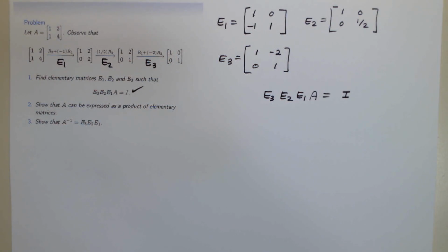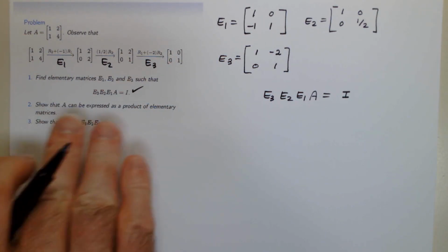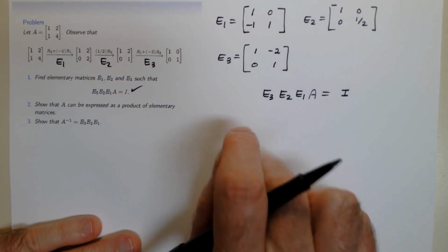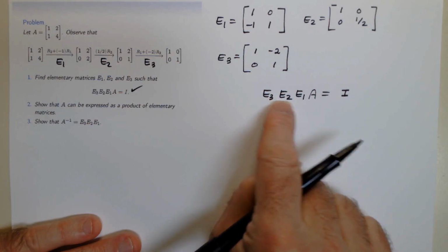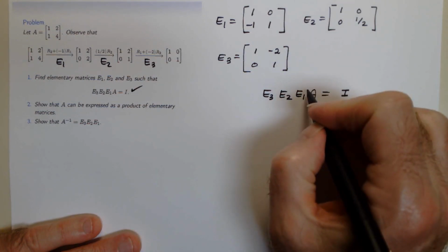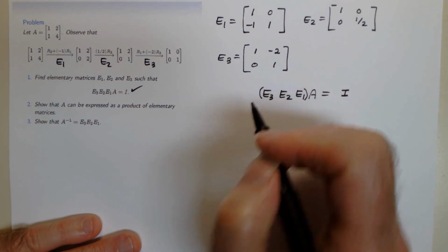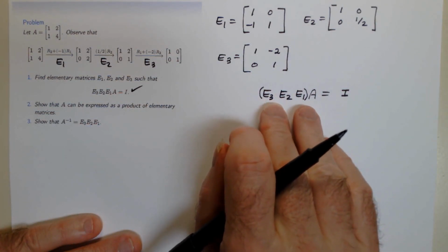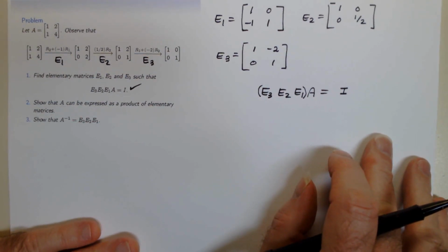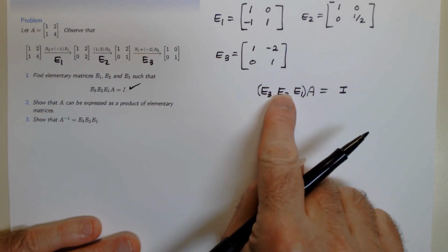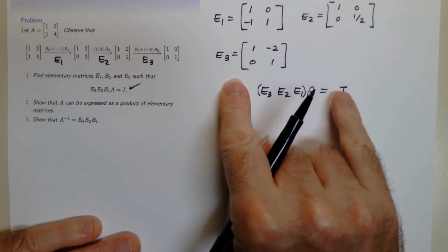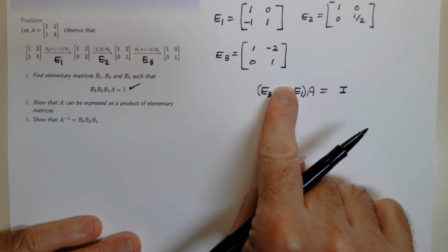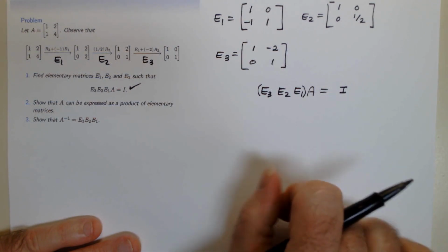Okay? Now, as we're approaching part 2, let me remind you about something about elementary matrices. All of these elementary matrices are invertible, and that means in particular that their product is invertible. So this product E3 times E2 times E1 is itself invertible. So by multiplying by its inverse on both sides on the left, I can clear this from the left-hand side and put its inverse on the right-hand side.